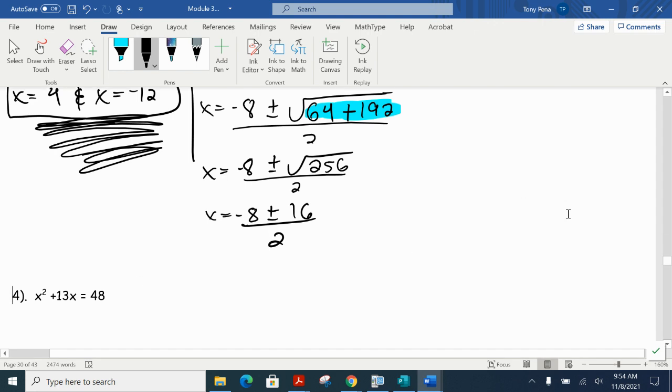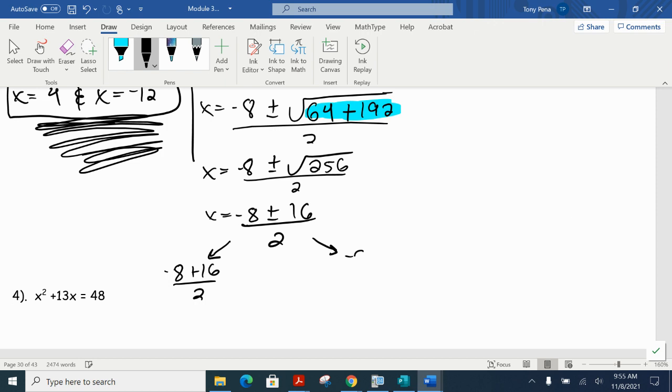This is now when we can set up our two different equations. One equation is going to be me taking the -8 and doing a positive 16 and dividing by 2. The other one is going to be the -8 subtracting 16 and dividing by 2. Better give us 4 and -12.